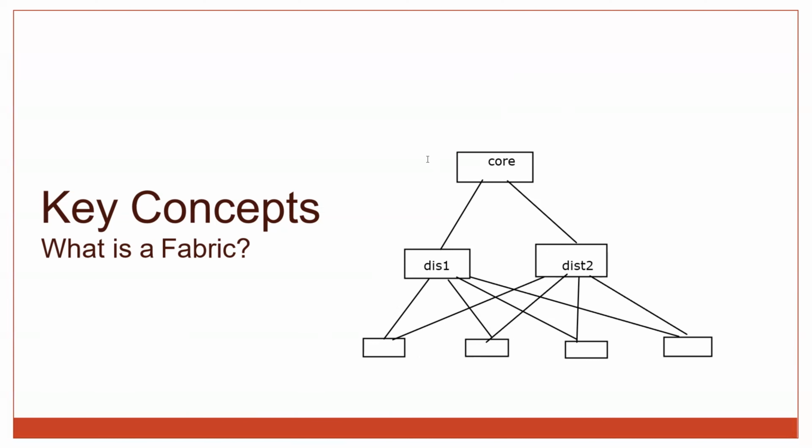The point here is that if you are thinking of this as your campus area network, you have to define different roles for different types of switches. Those roles are defined within the fabric. So this may be your control or border node.